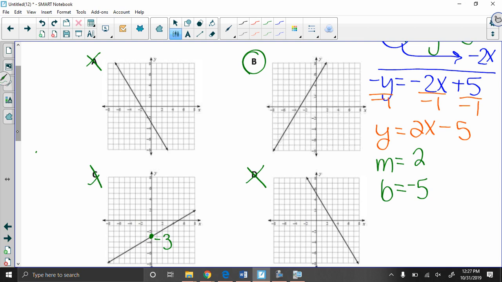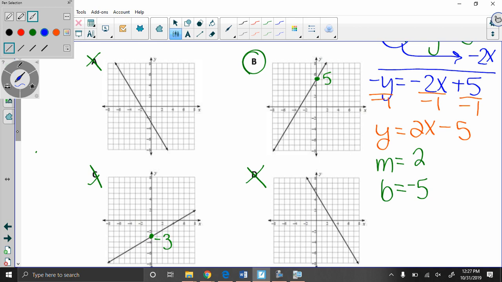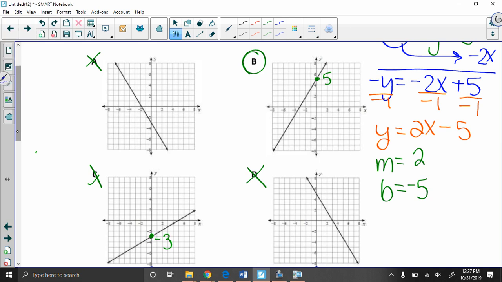So now we need to figure out what is wrong with our equation and how can we fix it to make it look like option B. So if we look at this one, our y-intercept for B is a positive 5. So the only thing I really need to change in this equation is my y-intercept. So in order to change our y-intercept, I would need to change it to a positive 5.